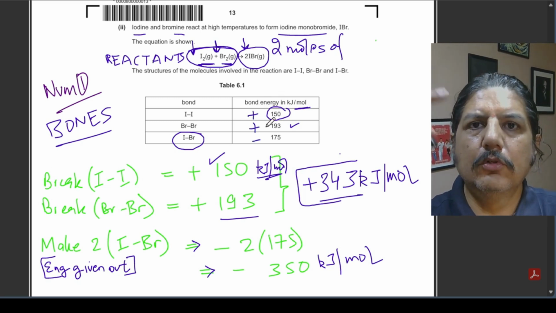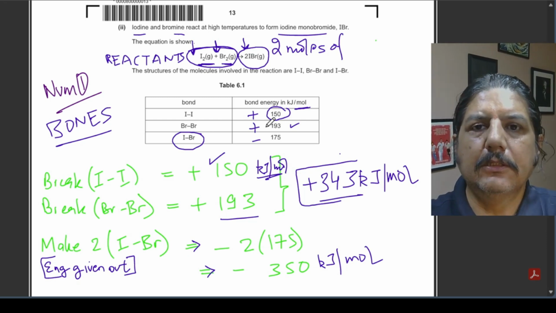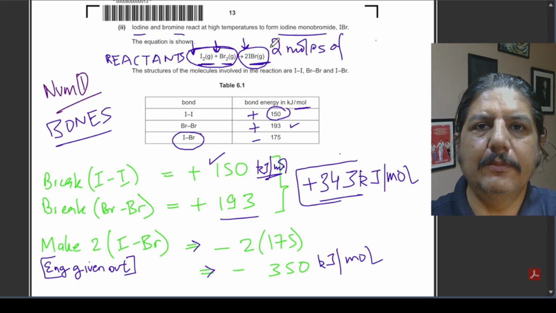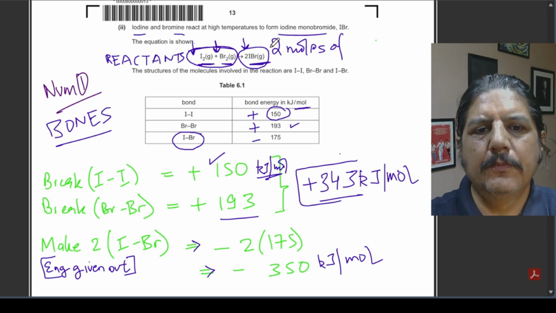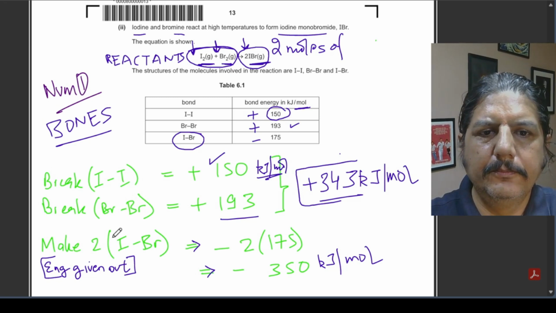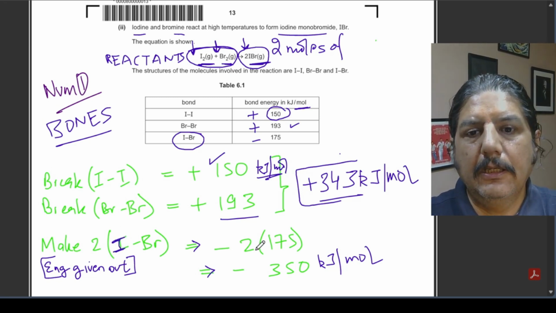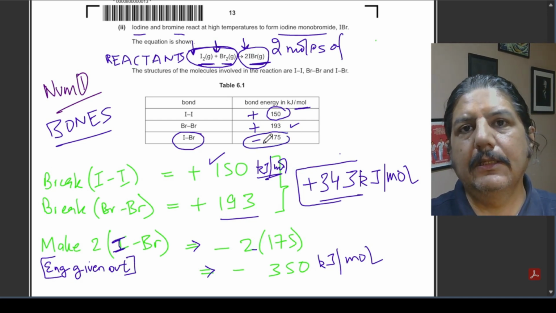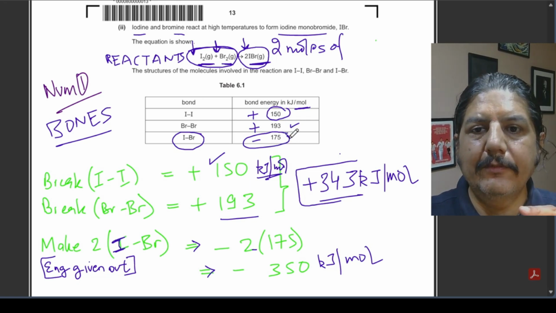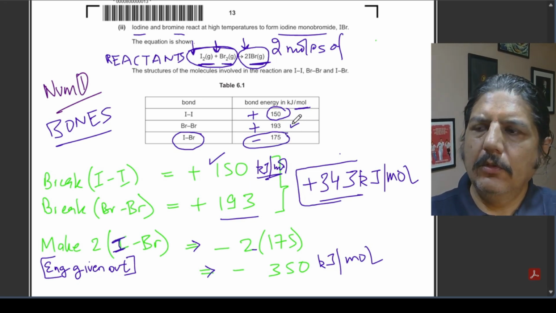But when 2 moles of IBr would be formed, this amount of energy would be released. So for 1 mole, 175 kilojoule of energy. This is the sign that I'm using, because a negative sign implies that energy is released.